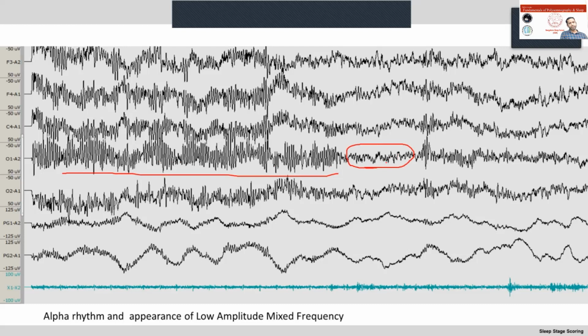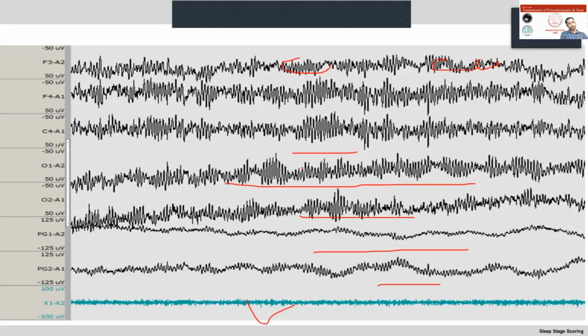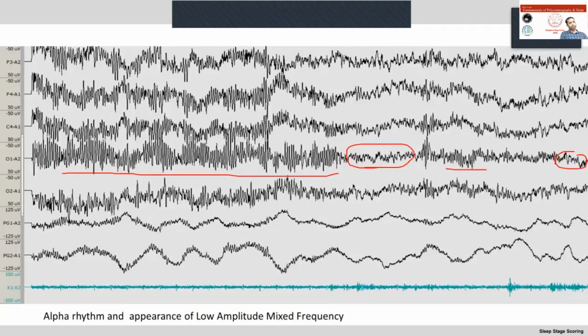Then again here there is alpha, but now your alpha activity is being replaced by low amplitude mixed frequency, and you can see slow eye movements now. During drowsiness, most of the time you will have these slow eye movements.